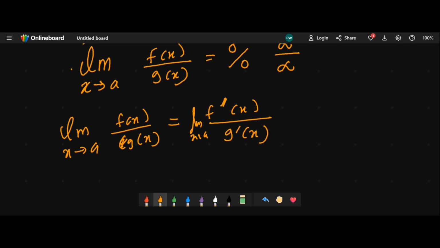This dash means you have to differentiate. If you don't know how to differentiate, this would be a little tough, but I will teach you a little bit of differentiation, so don't worry. You differentiate the numerator and the denominator, substitute, and you can get the answer. We'll do a question so you can easily understand.